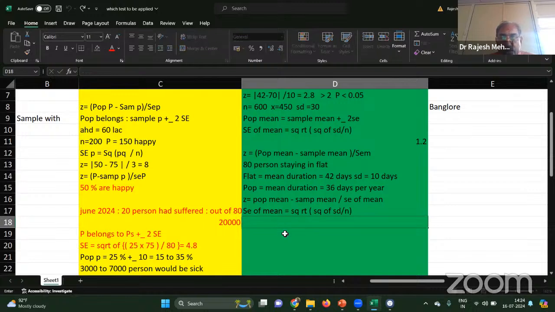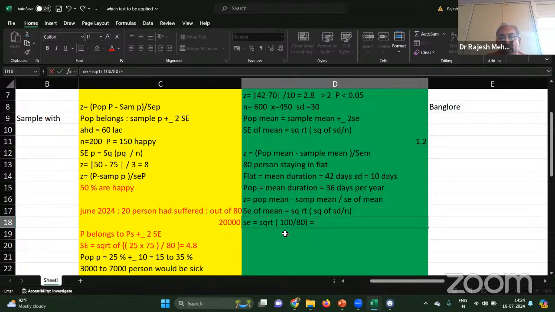So the answer would be: S is equal to the square root of the square of the standard deviation, that is, 10 days is the standard deviation. So 100 divided by the population N, which is 80.